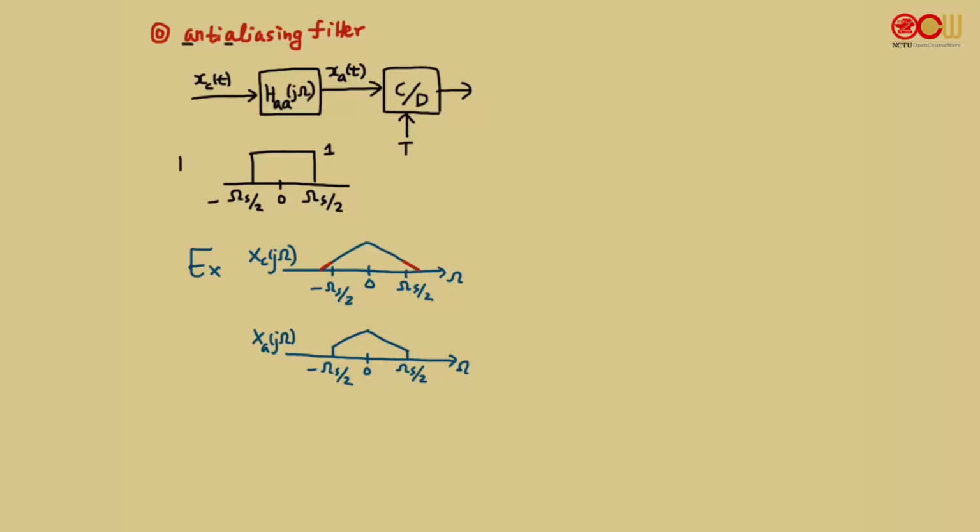Such an H AA of j omega is an ideal low-pass filter. So it's actually an ideal anti-aliasing filter, an ideal brick wall filter.